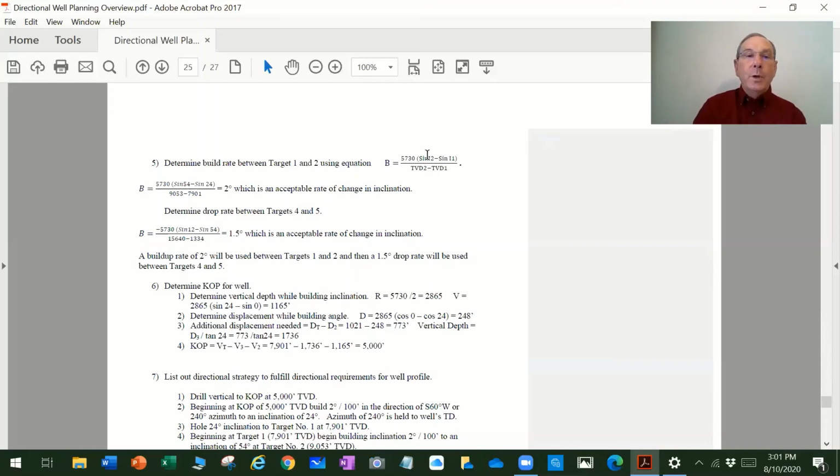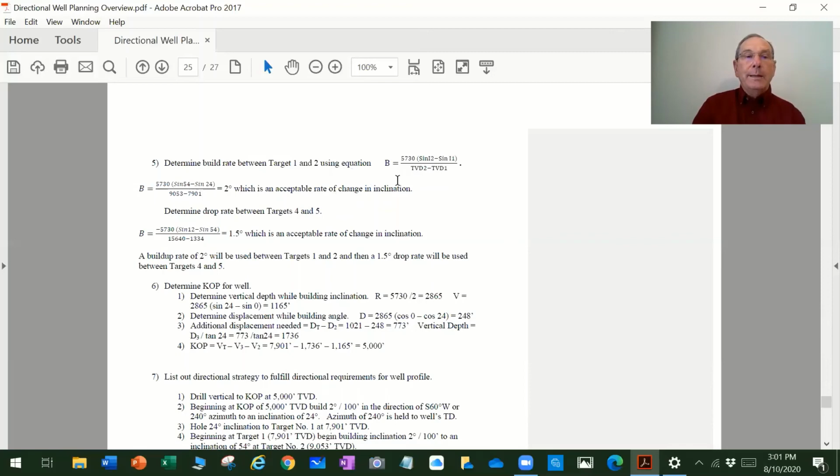We know the two angles of 24 degrees and 54 degrees. So we have all the information that we need to calculate the build rate. If we plug those values into the build rate equation, we'll get a build rate of 2 degrees, which is acceptable for a rate of change in inclination. So that should fit a real project with no problem, should not be an issue.